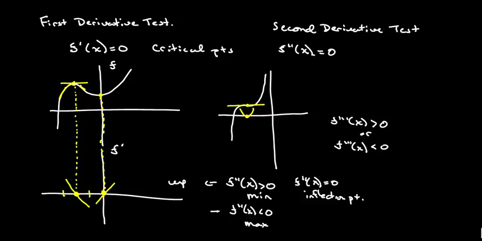We have upward concavity. If f double prime is negative, it means we're at a max, and our concavity then is down. So we can test concavity here, we can test for inflection points, and we can test all of our critical points for minimums and maximums.